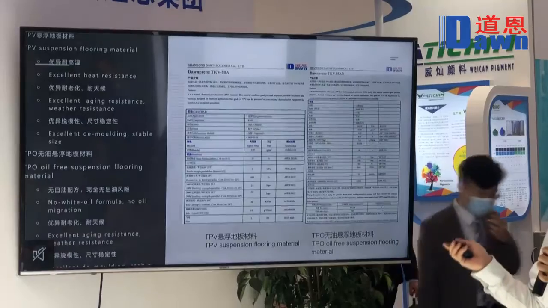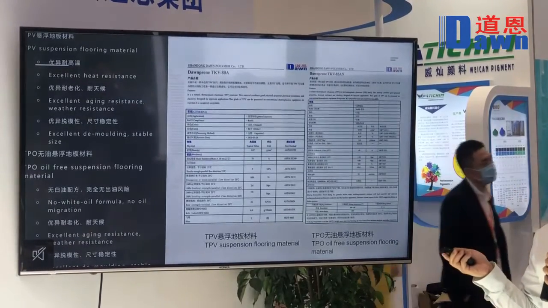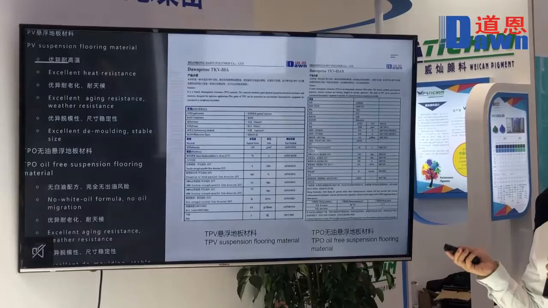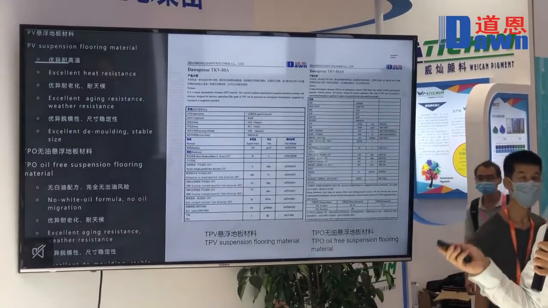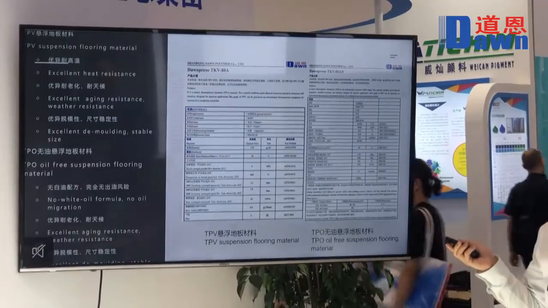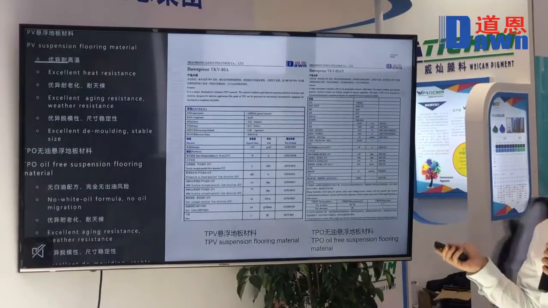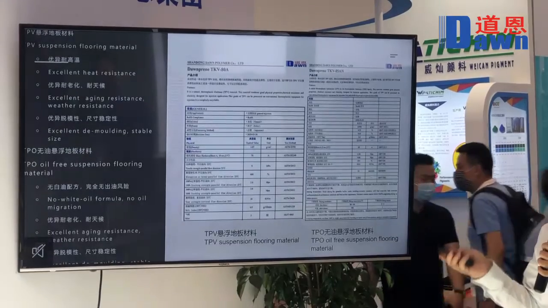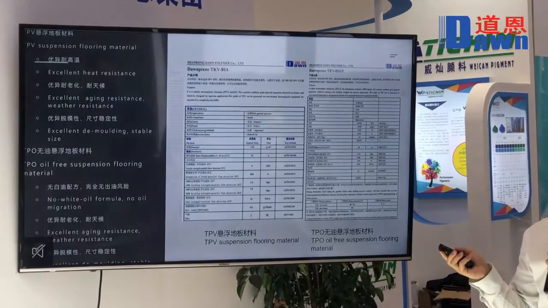Our TPV can be used here. It's very high stickiness. In the all-weather environment, we can never see such phenomenon. There is no any oil migration. You can choose our product, TPO, oil-free. This material is very excellent.